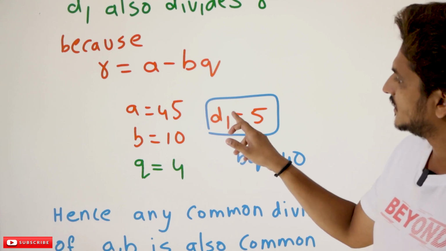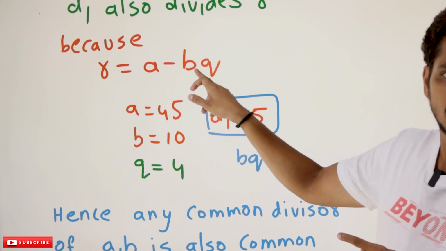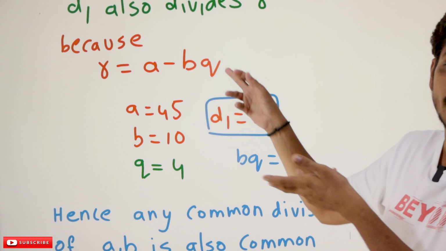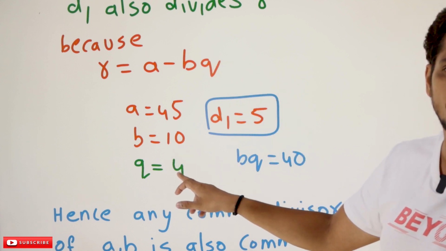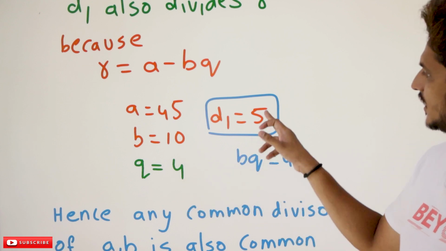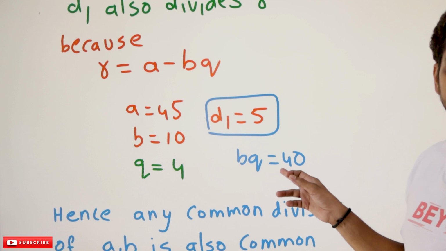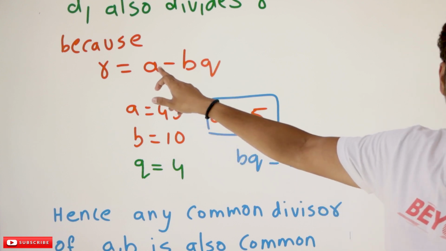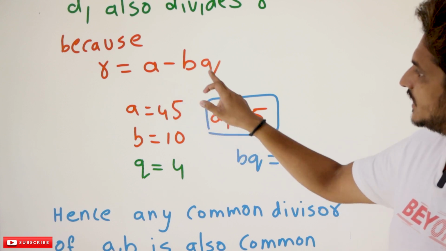Yes, D1 divides A, D1 divides B, and B is multiplied by some integer, so definitely D1 is going to divide BQ. See, B is 10, Q is equal to 4, 10 fours are 40, and D1 is going to divide BQ. Because D1 divides B, then definitely D1 divides BQ.